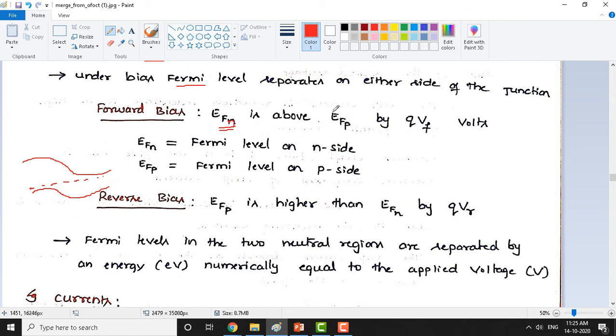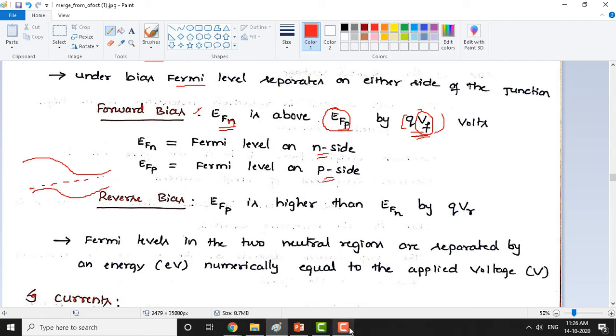So the Fermi level on the N side is above the Fermi level on the P side when we apply forward bias condition, by the amount q times Vf, where Vf is the applied voltage. That means the Fermi level on the P side is lowered by q times Vf. Fermi level on the N side is EFN, Fermi level on the P side is EFP.